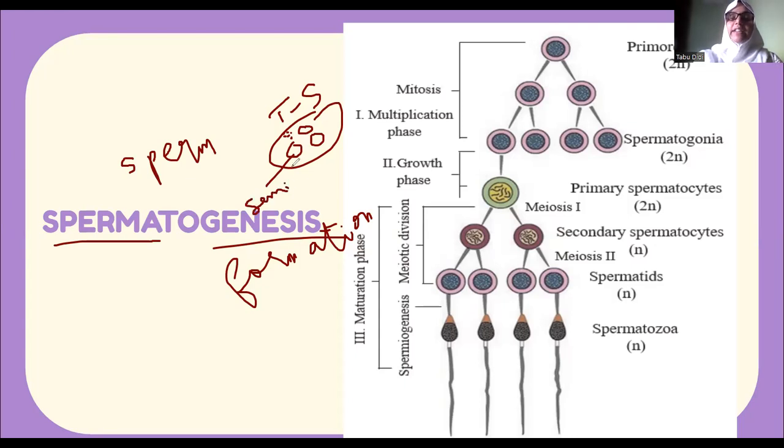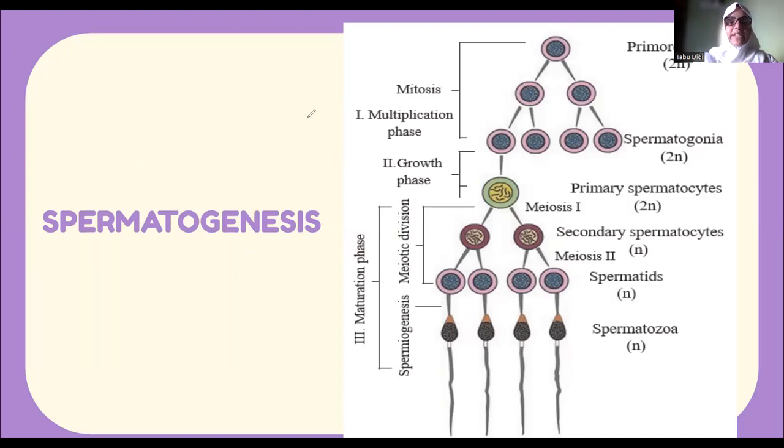And in the seminiferous tubules you had the germinal epithelial cells, wherein the sperms are formed, and then they are matured and developed, and further maturation will take place in the epididymis, that is the covering of the testes.